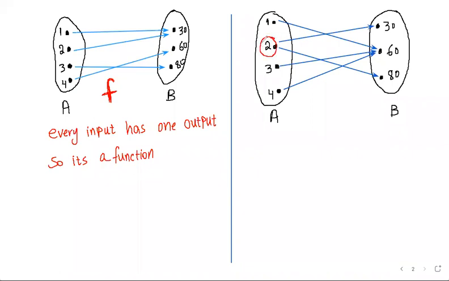The function is supposed to be every input has 1 output. So 2 has 2 outputs. The element 2 has 2 outputs.